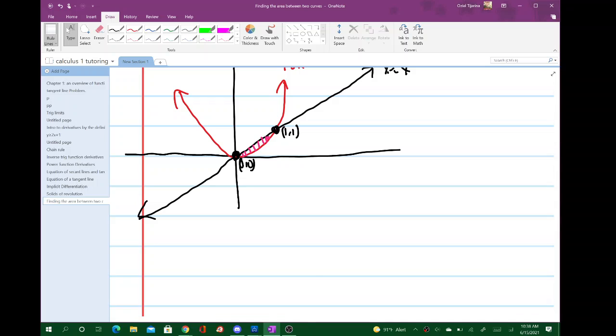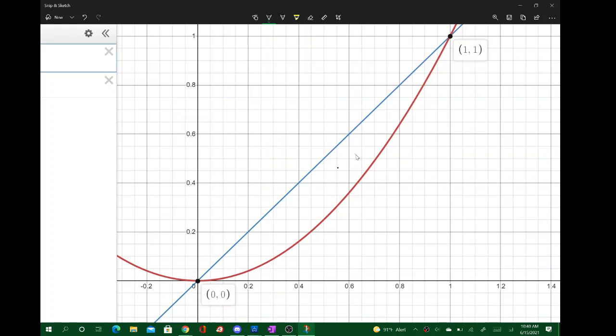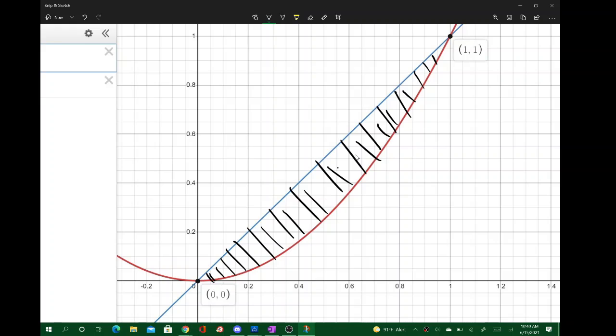And let me actually try to do a better representation of this. Give me 1 second. So for those of you wondering, this is the area that we want to find, basically this area here. That is what we want to find, between those two curves.